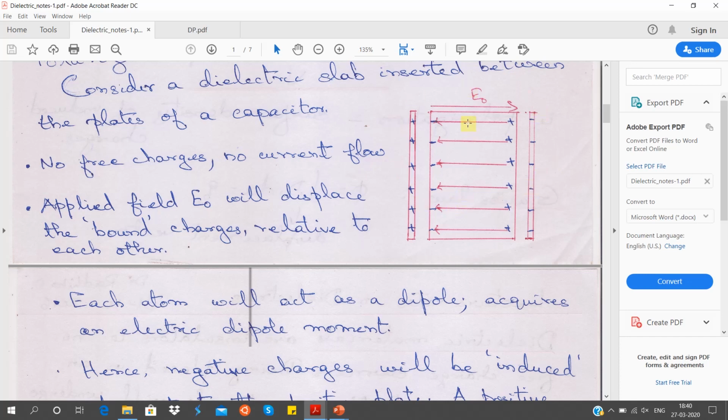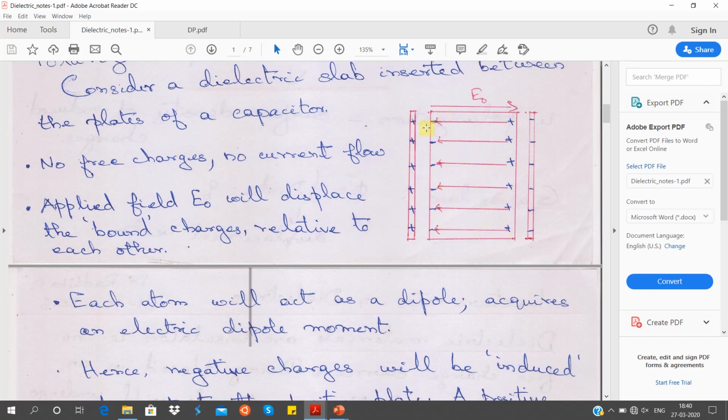Now, what is going to happen next? Each of these bound charges is going to exist as a pair. You had this electric field due to the free charges because of the applied voltage, and that is going to displace the bound charges from their position. So you get many pairs of bound charges, positive and negative.